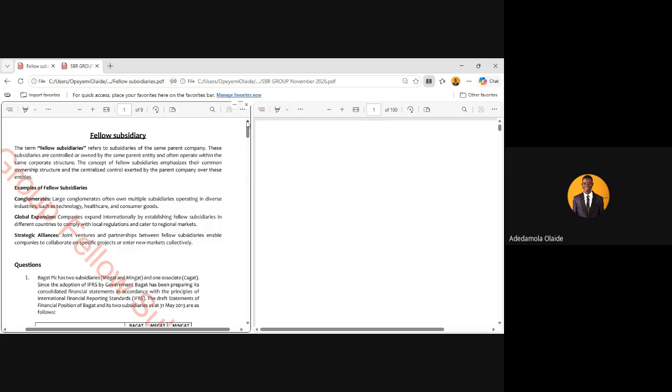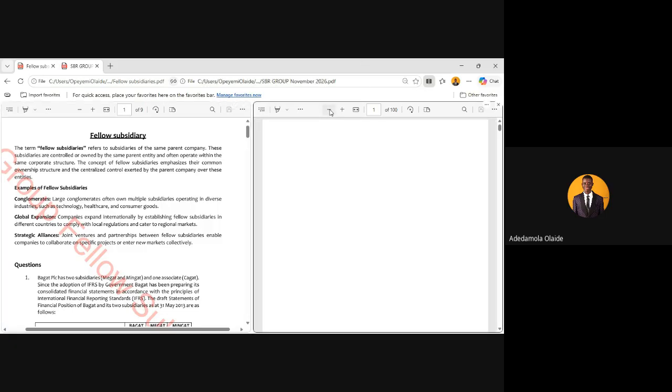What do I mean? If I want to consolidate now, I understand that I need to draw the group structure. Yes, the group structure will encompass every one of them.